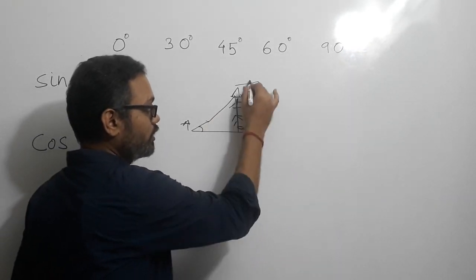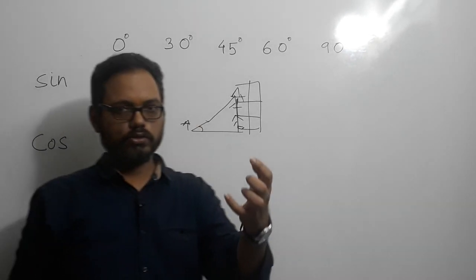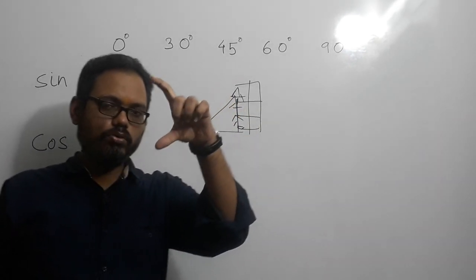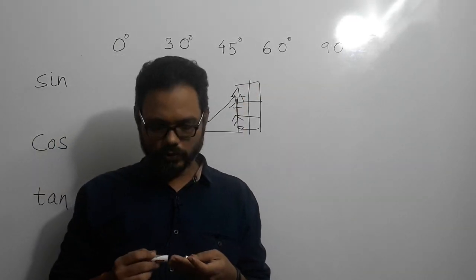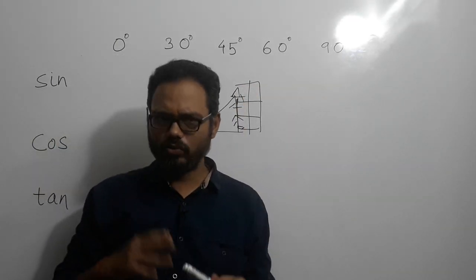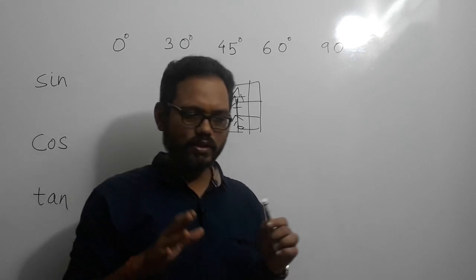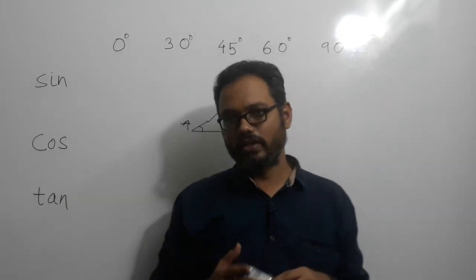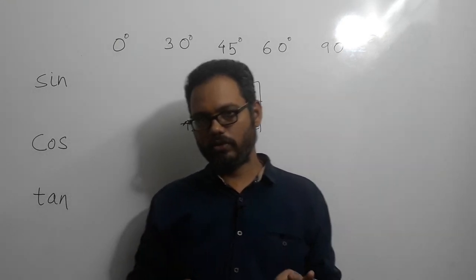You want to know the height of the building just by calculating it, not just by visually seeing it, and without using any measuring tool, just by using trigonometry, you can answer the question and find out the height. All those applications come into case study kind of things, and that is very interesting. People find it very difficult, but if you take it interestingly, it's the best part of trigonometry.